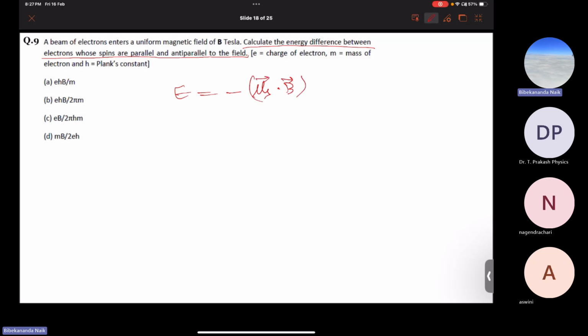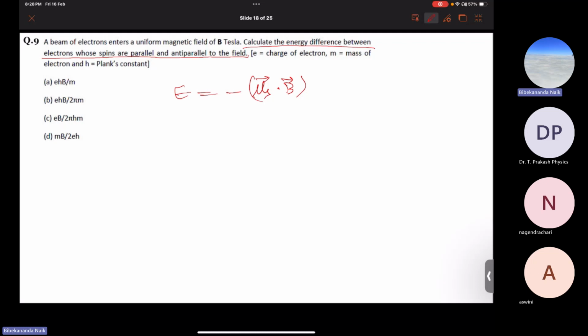Since there is a dot product, it depends upon the angle between these two vectors. So when the spins are parallel and when they are anti-parallel, there will be two different energies, and we need to find the difference of the energy between these two types of electrons: one group parallel and another anti-parallel to the field.